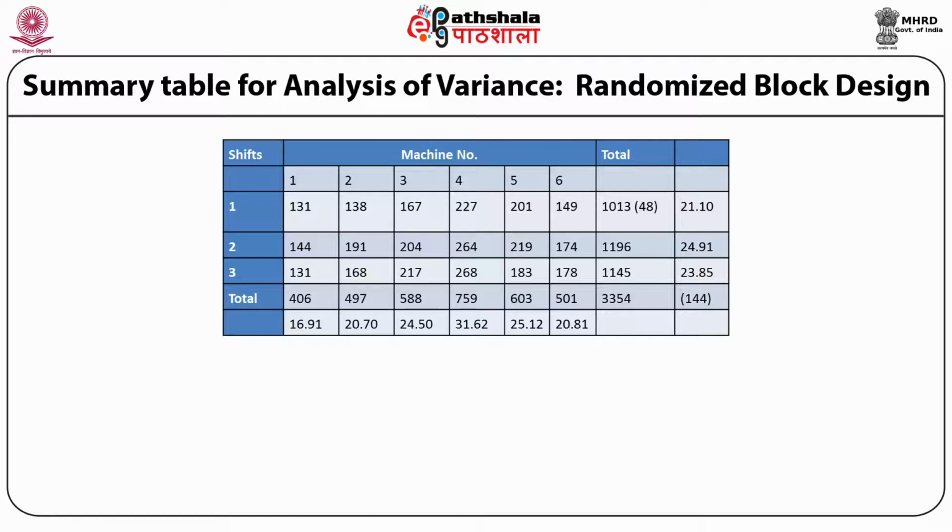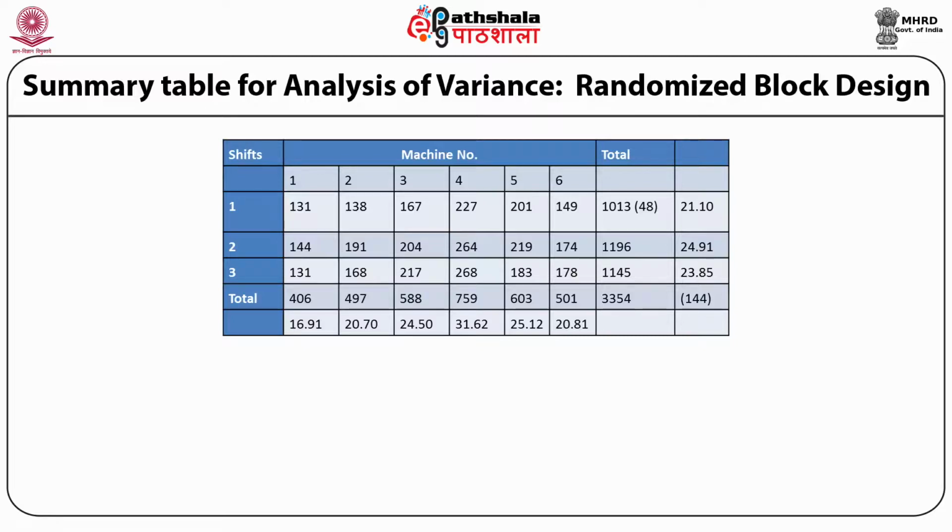And in block A you can see the soap in grams filled in 8 bottles. So here you can see the table depicting the machines and the shifts. On the columns 1, 2, 3, 4, 5, 6, there are 6 machines, and on the left hand side you can see the shifts.